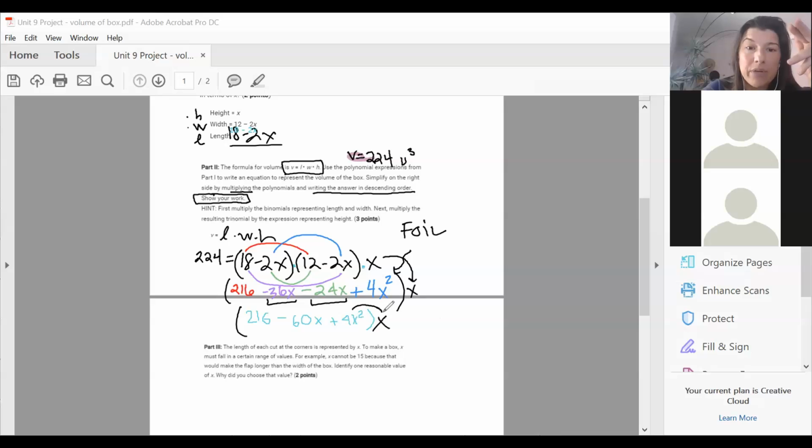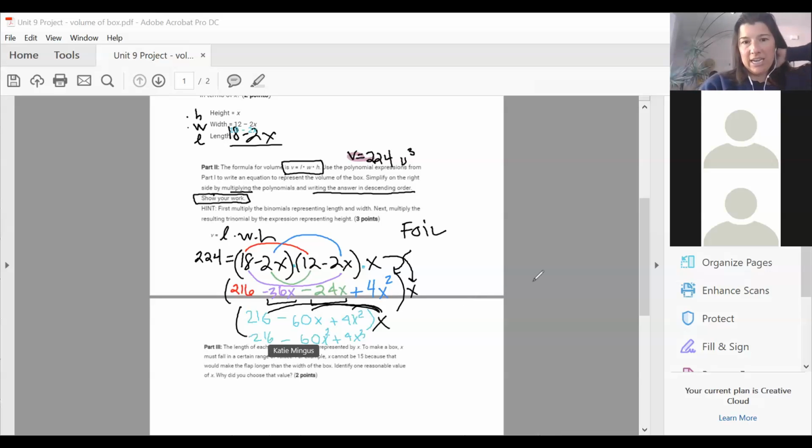So now our last step, go ahead and multiply everything by x. I would even go backwards here because then you could do your largest exponent term first. So 4x squared times x is 4x cubed, good. And then times negative 60x squared. Good. So we're adding our exponents together on this step.